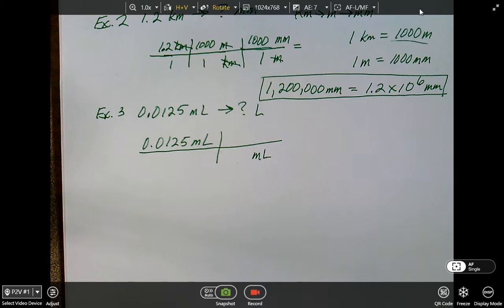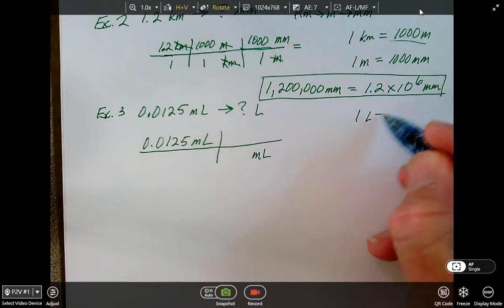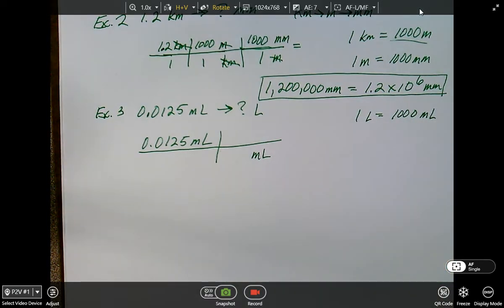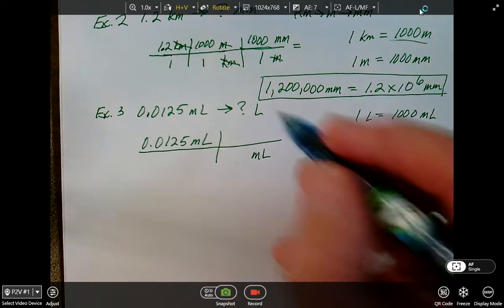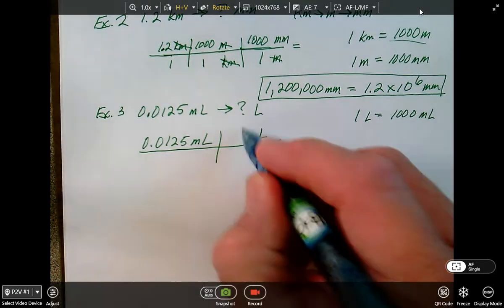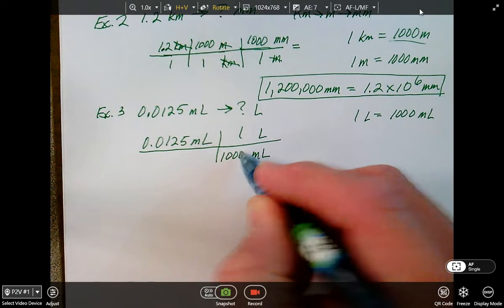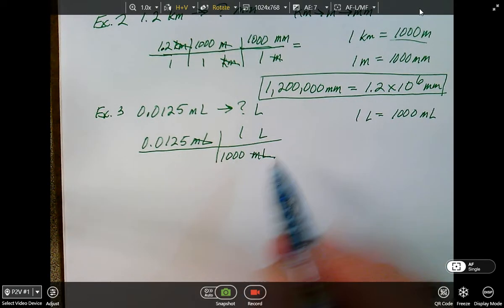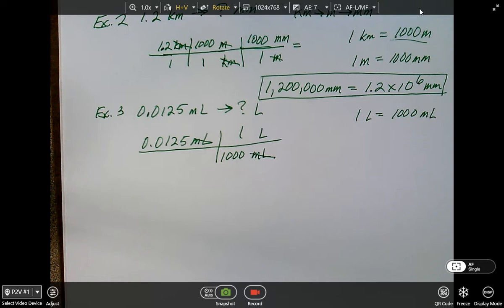Now, do I know a relationship between milliliters and liters? Yeah, 1 liter equals 1,000 milliliters. Milli means 1,000. So we can put liters up here. The 1 goes on the top, the 1,000 goes on the bottom. Milliliters cancel out. Now this is on the bottom, so that means I hit divided by.